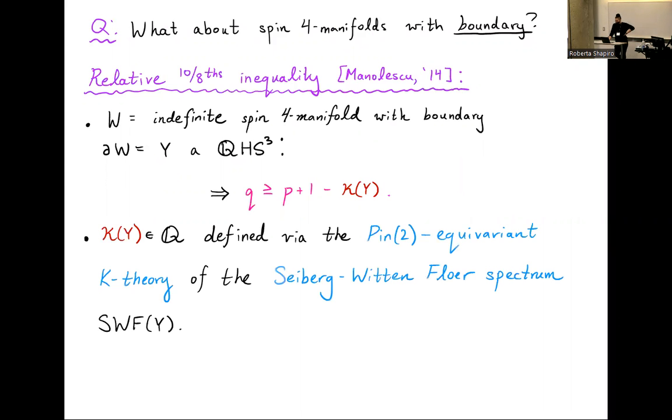Kappa of Y is in general a rational number, and it's defined using the Pin(2)-equivariant K-theory of the Seiberg-Witten Floer spectrum denoted by SWF of Y, which I will go into later, but just something to keep in mind. One thing to note is that the kappa invariant of S3 with its unique spin structure is equal to 0, and so this recovers Furuta's 10/8 theorem by just scooping out a 4-ball.